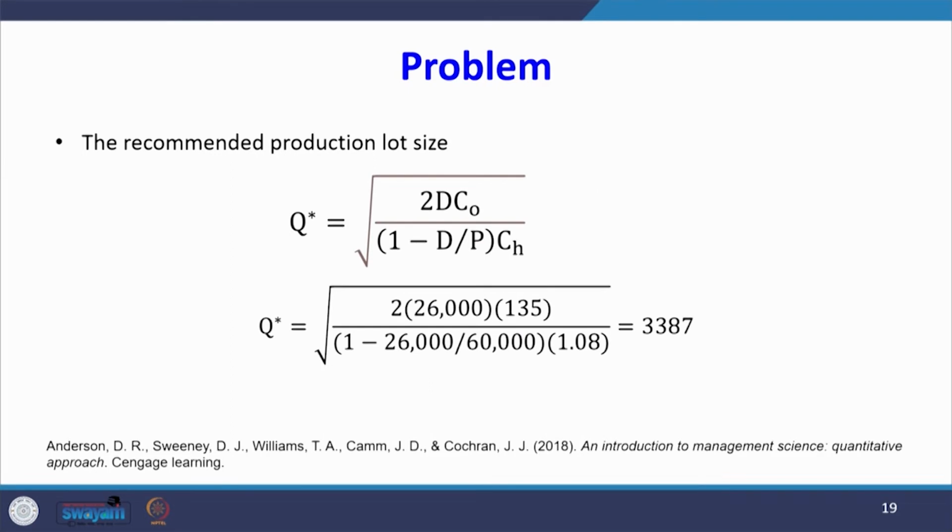The demand is given as 26,000, ordering cost is given as $135 and the production capacity is also given as 60,000. All the values are given here. So, when you substitute, we are getting Q star, that is 3,387, that is our economic lot size, otherwise the production lot size.